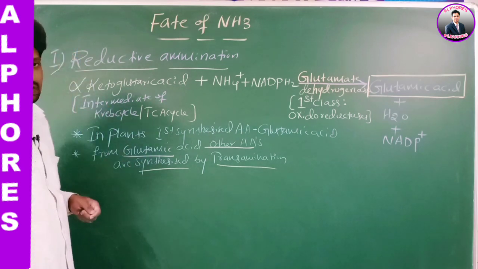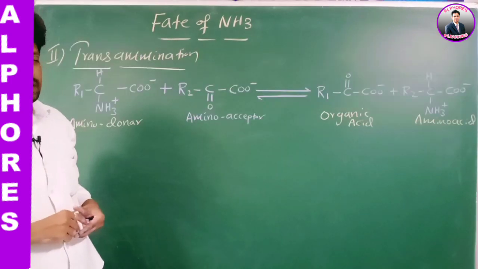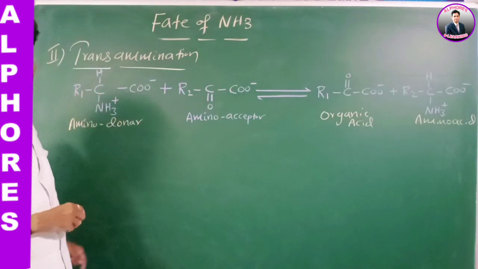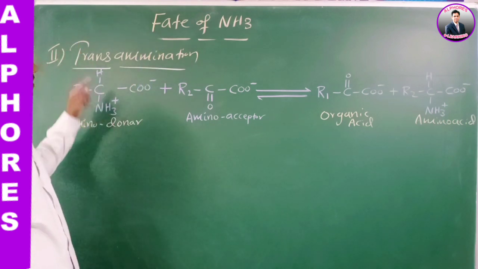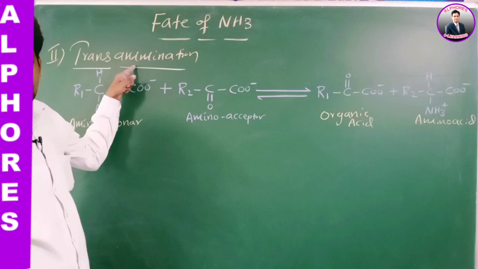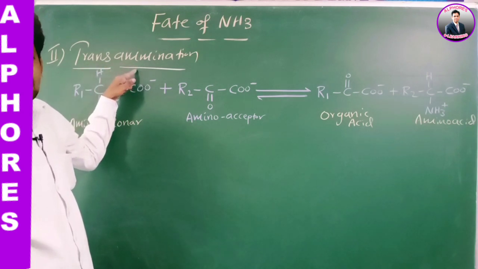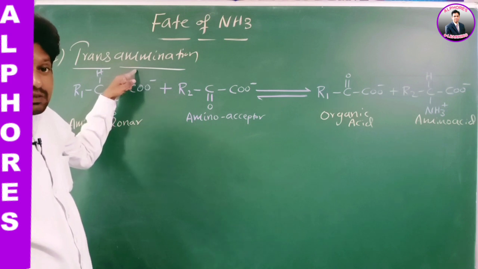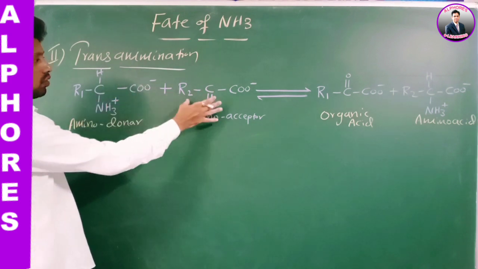That was reductive amination, right? Now go for the second method. What is it? Transamination. The name itself indicates: transamination means a transfer of amino group. See here, I wrote two compounds.